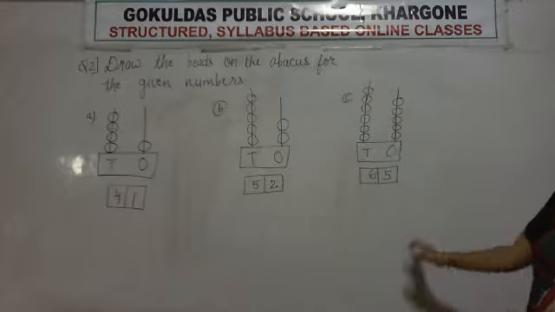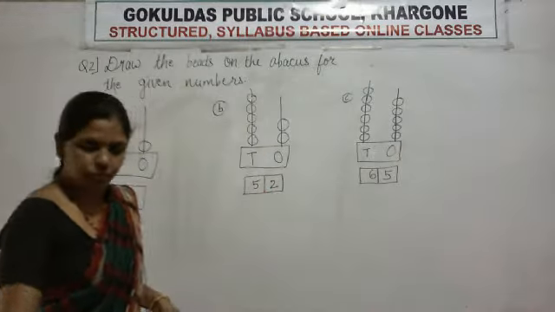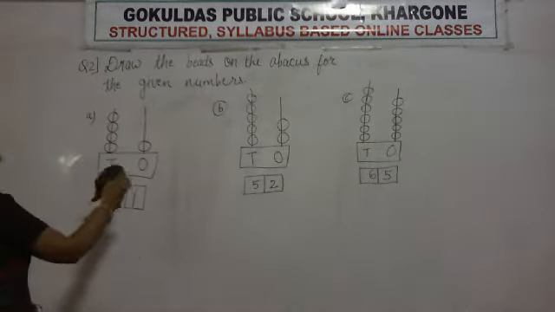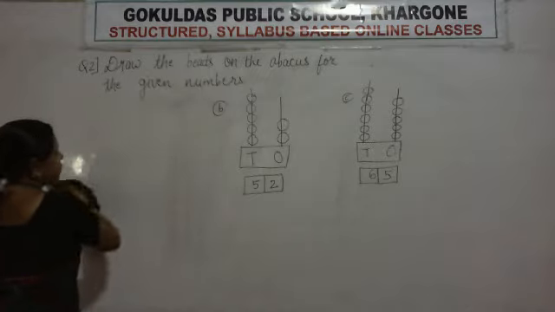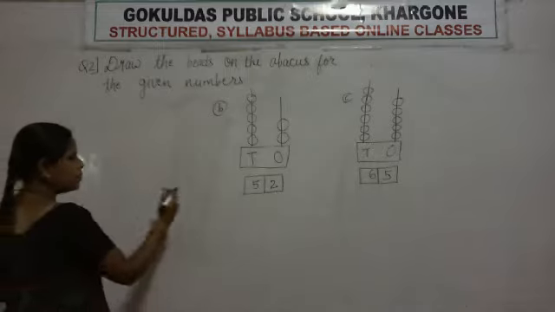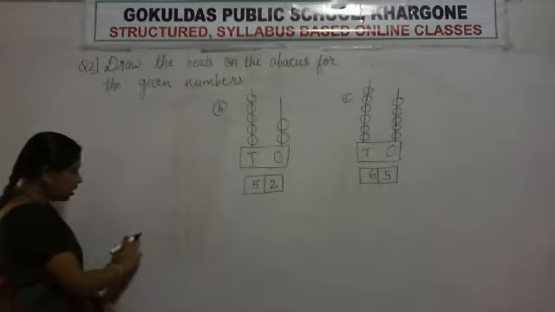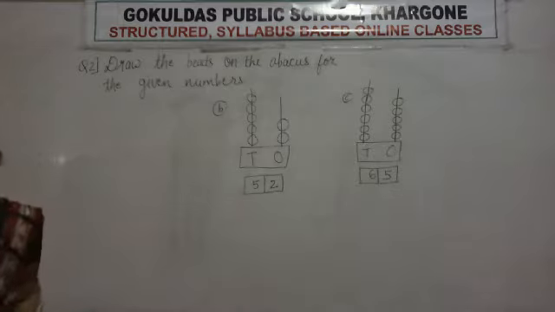Copy. So let's do the next question, D. You write D just by the side of C. Here you have written C, so you do D this side.